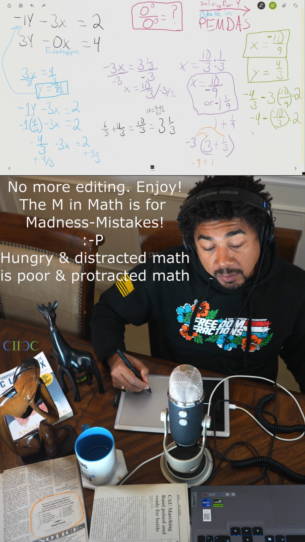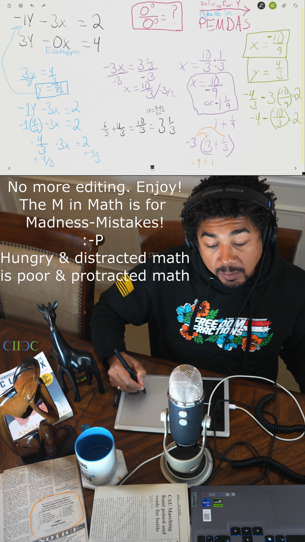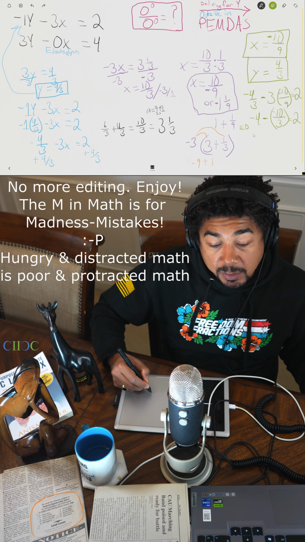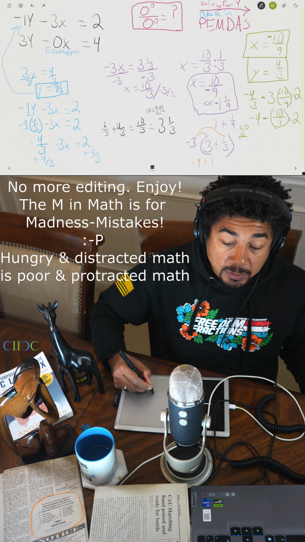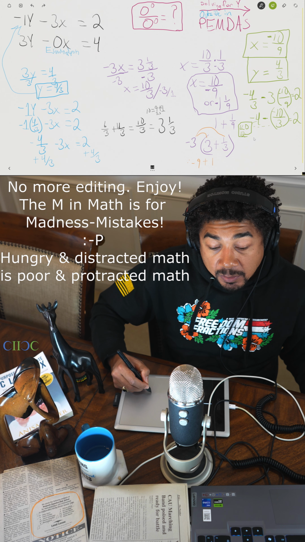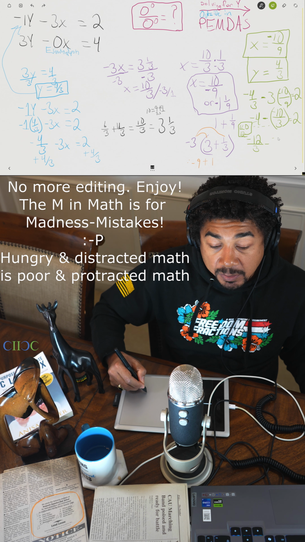So I think we're looking pretty good, because to convert this over to a fraction, we're looking for the least common denominator, which is going to be 12 in this case, so we're going to have 12 negative over 3 minus negative 10 over 3.